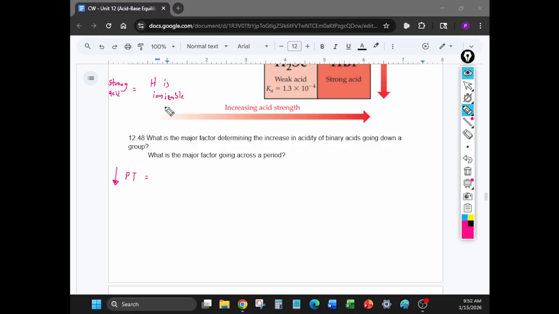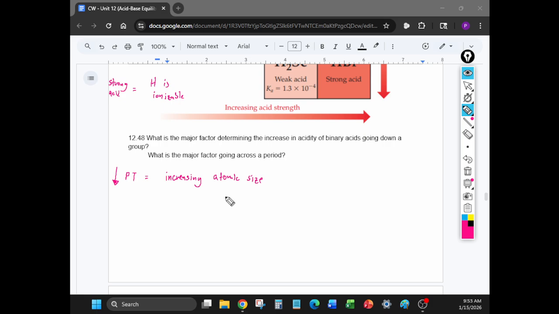So H is going to want to come off for strong acids. Acid strength means that the H comes off more easily. So when you go down the periodic table, let's think about what it does to the size of an atom. The element size is going to increase, so atomic size increases.